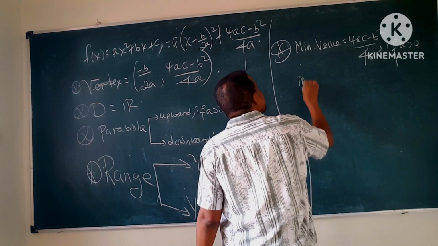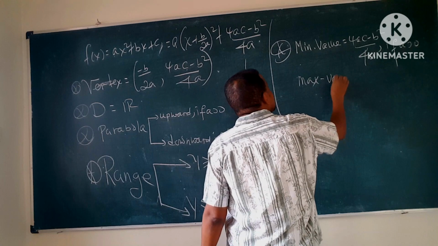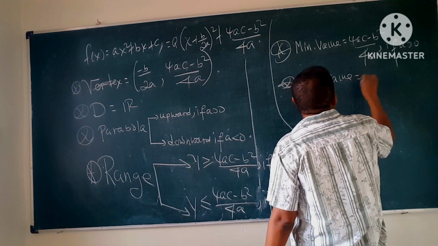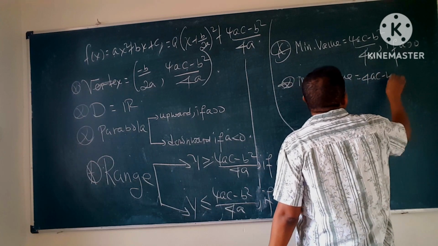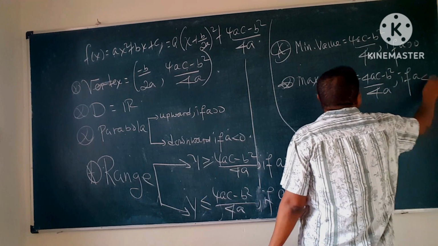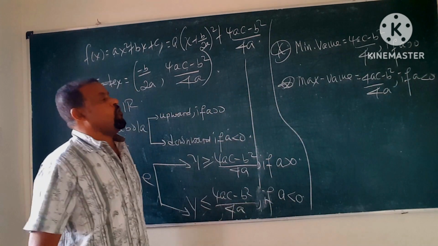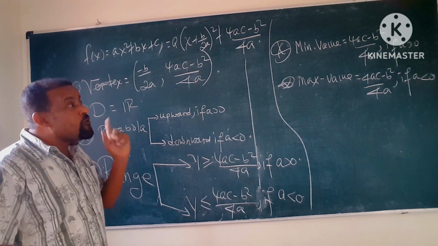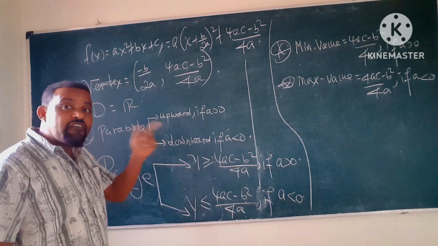And there is a maximum value, equal to the same value (4ac minus b squared) over 4a, if a is less than 0, that means downward. This maximum value occurs when x is negative b over 2a.